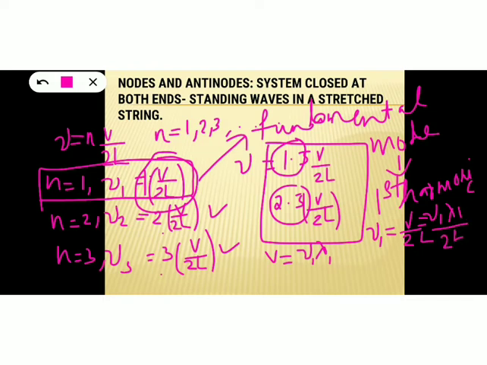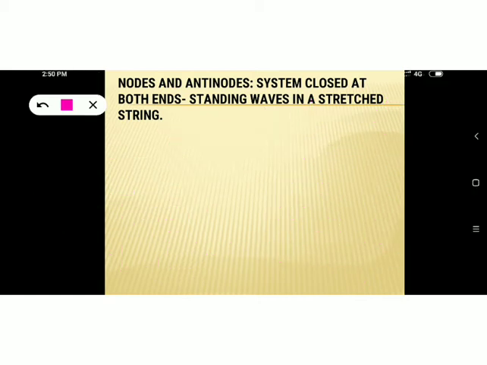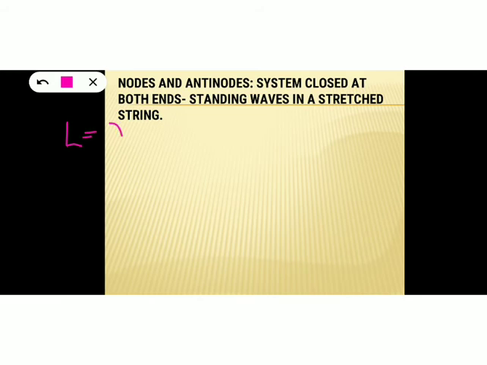So from this, what is L? Therefore L is equal to nu 1 lambda 1 by 2 into nu 1. The nu 1 and nu 1 will be cancelled, and we are left with L is equal to lambda 1 by 2.